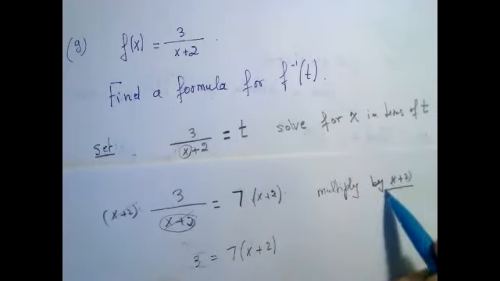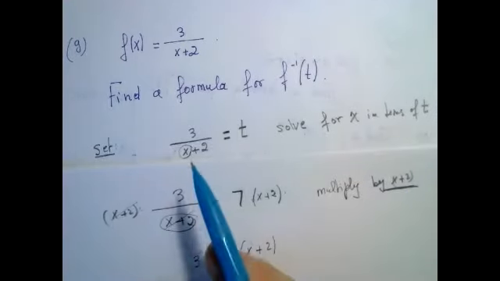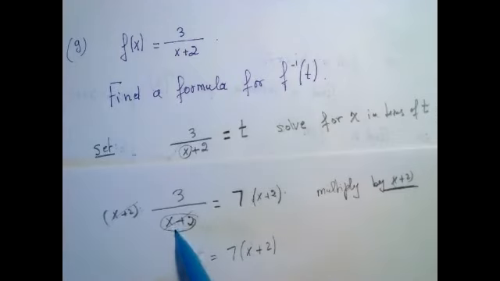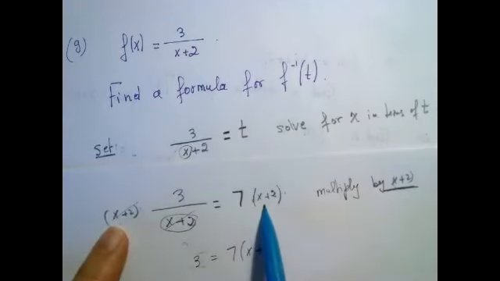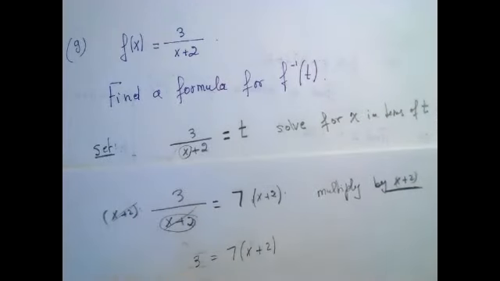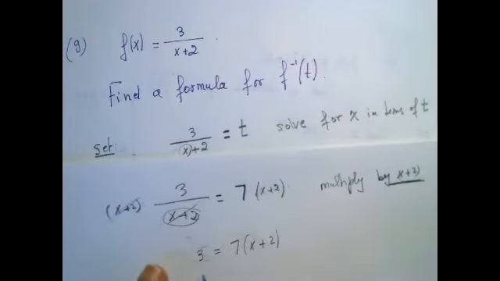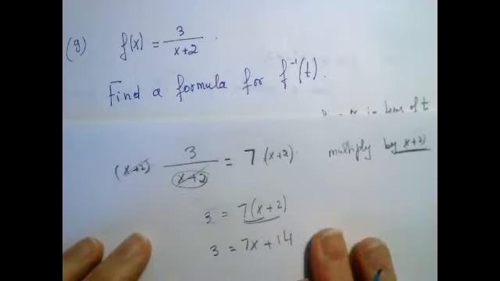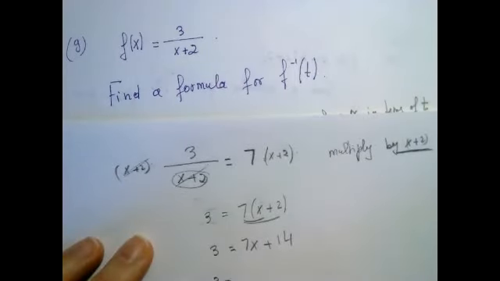Okay, so when we do something, we try to improve on the problem. And to improve, as you said, we have to get rid of the denominator. So we multiply by x plus 2 on both sides. Now I can get rid of it, and at this stage, it's easier for me to start isolating the x. Now I can distribute, and then I can solve for x.